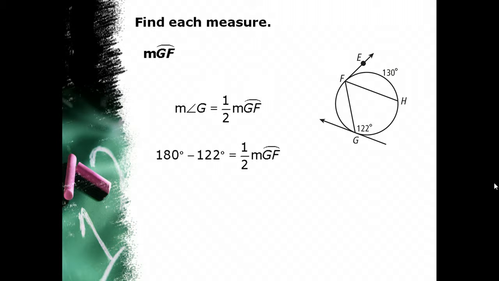We have 180 degrees minus 122 for this linear pair. So that's half of GF. And that's 58 degrees is half of the measure of the arc. So to clear the fraction, we multiply both sides by 2, and we get 116 degrees. So the measure of arc GF is 116 degrees.